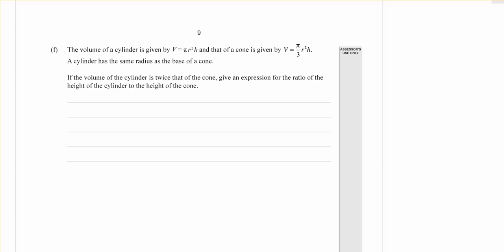Quite complicated. You can pause and have a read. We need some pictures. We've got a cylinder, in a cone. A cylinder has the same radius, so we'll try and make that radius look the same. If the volume of the cylinder is twice that of the cone, give an expression for the ratio of the height.